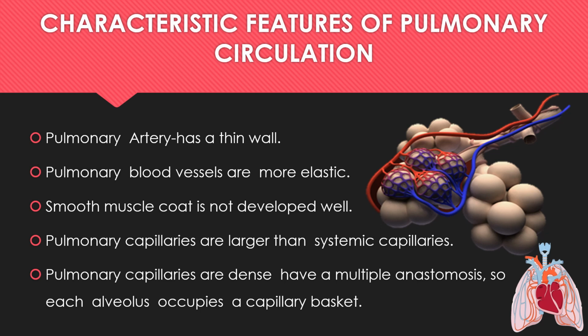Pulmonary capillaries are dense and have multiple anastomoses, so that each alveolus occupies a capillary basket. Here you can see the baskets, the large capillaries around the alveoli.